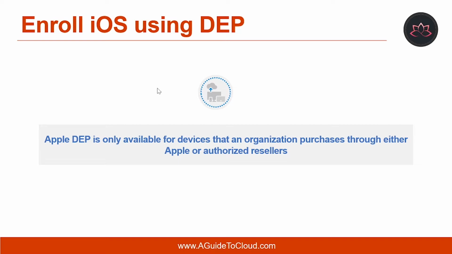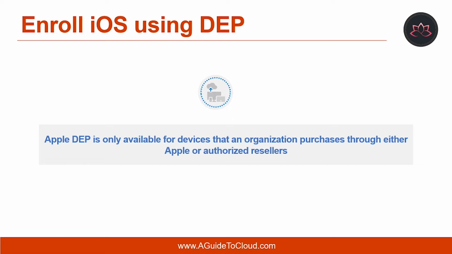Let's understand how you can enroll iOS devices using the DEP program. DEP is nothing but the Device Enrollment Program provided by Apple. The Apple Device Enrollment Program is an online service that automates the enrollment and configuration of Apple iOS devices to MDM.